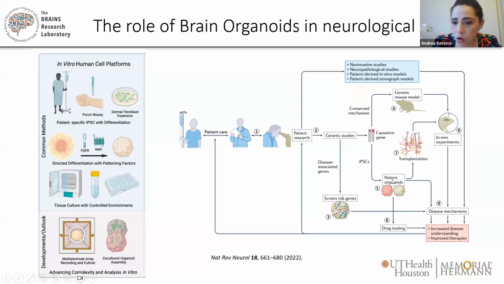Also, using organoids, we can do drug testing for the same purpose. And this is a non-invasive study. We can develop neuropathological studies, patient-derived in vitro models, and patient-derived xenograft models.